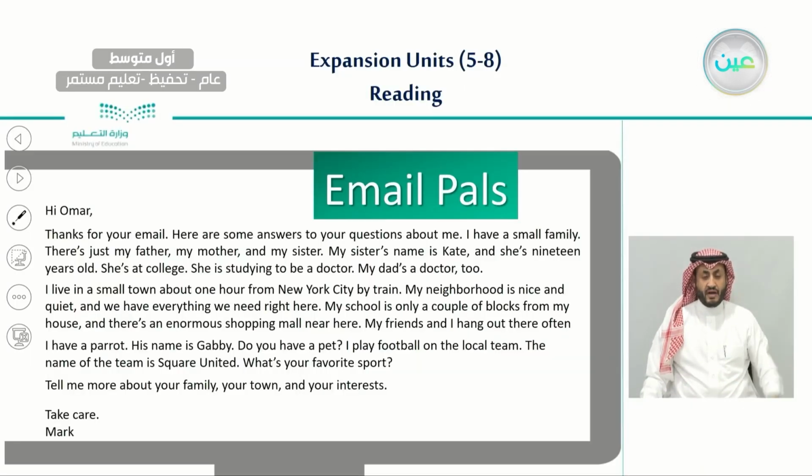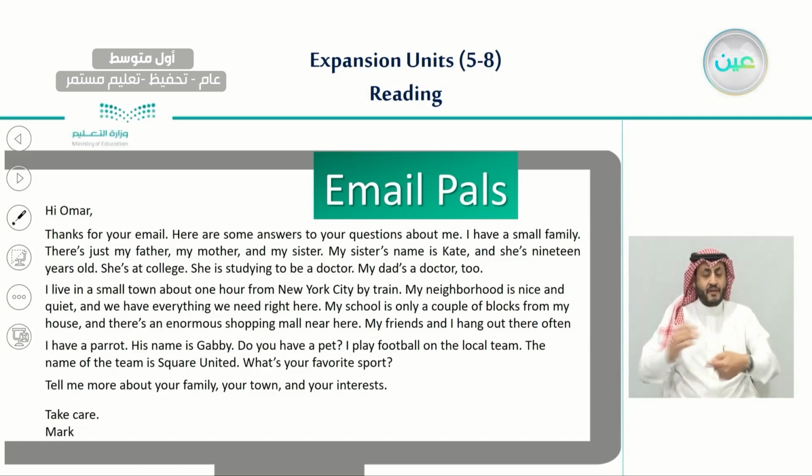Hi Umar, thanks for your email. Here are some answers to your questions about me. I have a small family. There is just my father, my mother, and my sister. My sister's name is Kate, and she's 19 years old. She's at college. She's studying to be a doctor.